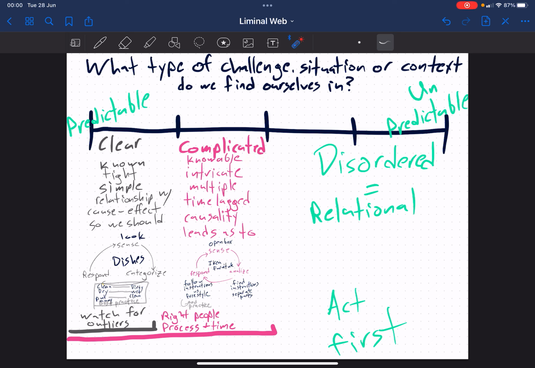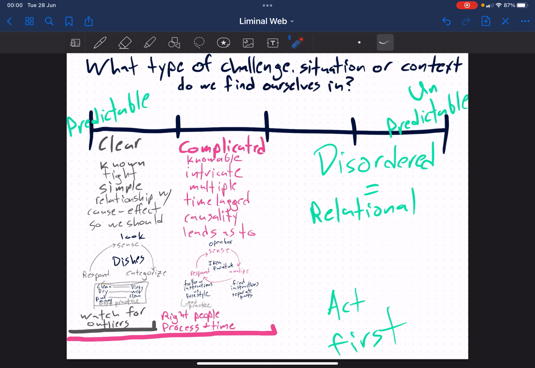Now, there may be some form of intricate, multiple, time-lagged causality, right? There might be a lot of moving parts, and that leads us to a pattern of resolution that is best categorized as sensing, analyzing, and responding.